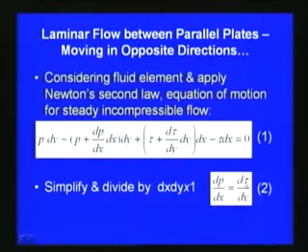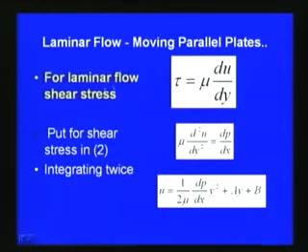Again we get dp by dx is equal to d tau by dy, and for laminar flow, as we have seen, we can use Newton's law of viscosity, tau is equal to mu into du by dy, and substitute it for the shear stress.